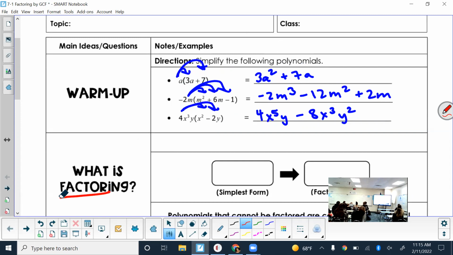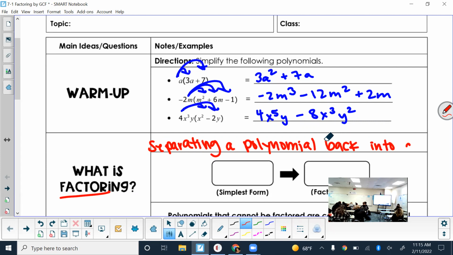That is separating a polynomial back into a product.